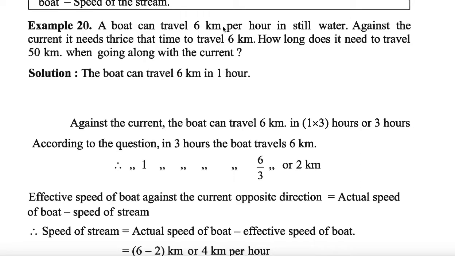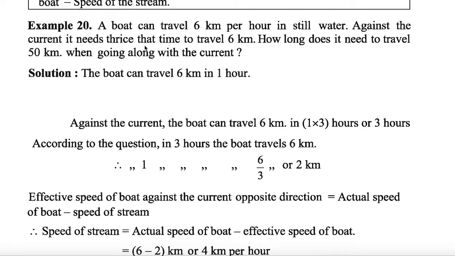Okay, first let's analyze the given data and find the stream speed. This is the speed of the boat in still water, that is 6 km per hour. Against the current, it needs thrice the time to travel. So what happens to the effective speed? Effective speed is distance upon time.